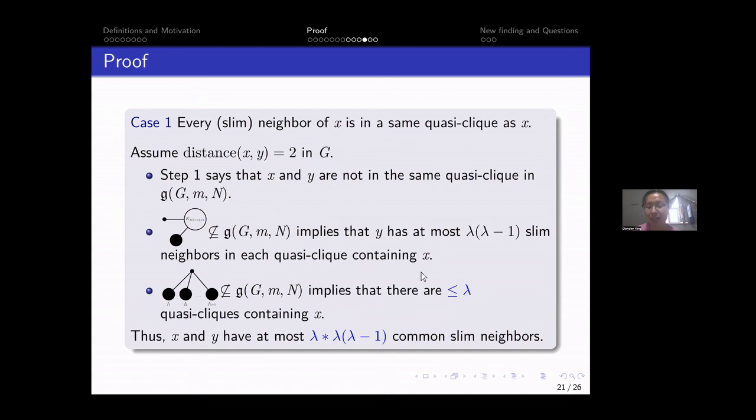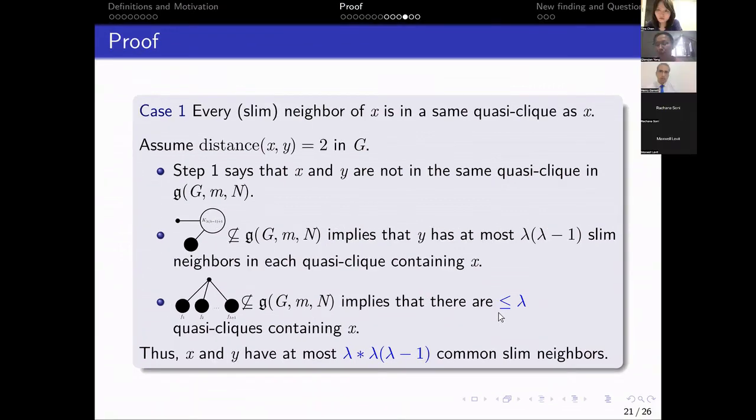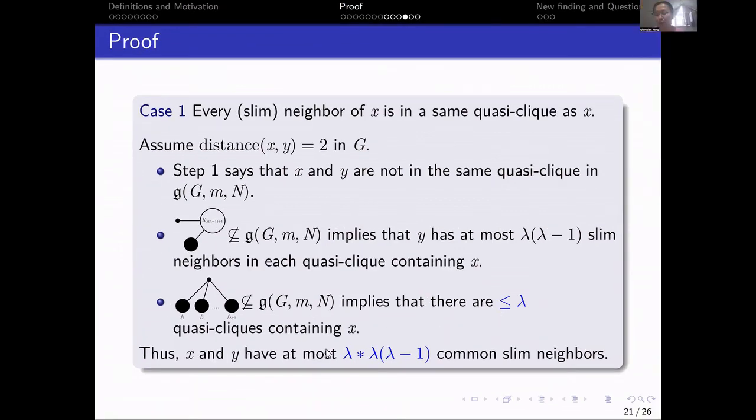So the second one says y has at most lambda times lambda minus 1 neighbors in each quasi-clique, and the third one says x can be contained in at most lambda quasi-cliques. So we see that x and y have at most lambda square times lambda minus 1 common slim neighbors. This shows that in this case, c is at most lambda square times lambda minus 1.